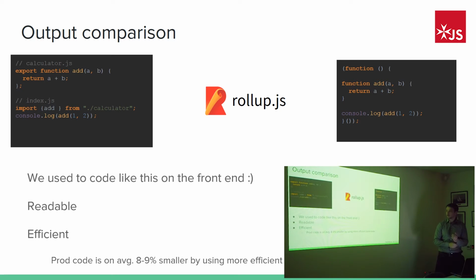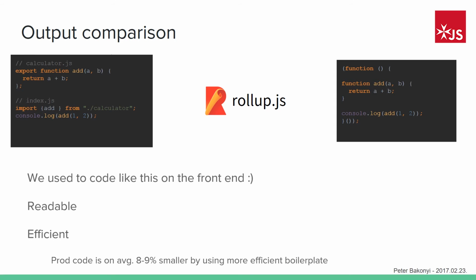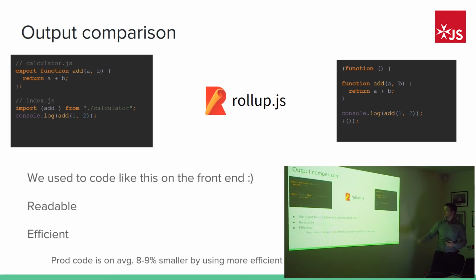He did some measurements on the bundles generated by Webpack and rollup, and just by using rollup instead of Webpack, we could see that on the front end we gained around 8 or 9% in the bundle size, just because it has less boilerplate in it. It will remove all the module code, and that's why it's also faster to execute, because there aren't so many extra lookups between modules, but that's not that significant.